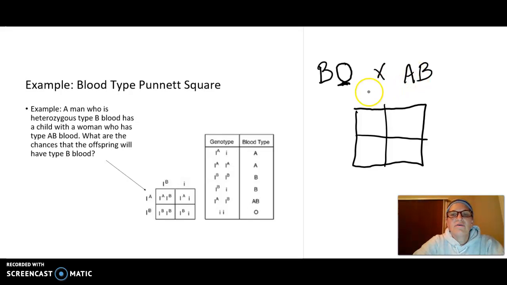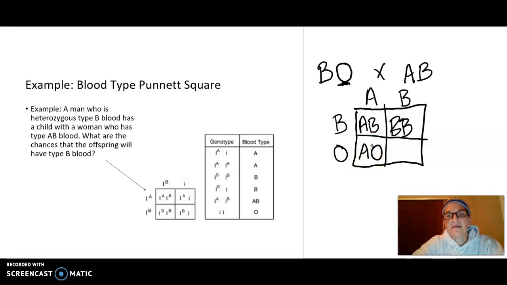And so this parent could give the A or could give the B. This parent could give the B blood type or the O allele. And so their offspring could have AB, could be BB, so homozygous B, could have A blood type as a heterozygote, or they could have B blood type as a heterozygote.